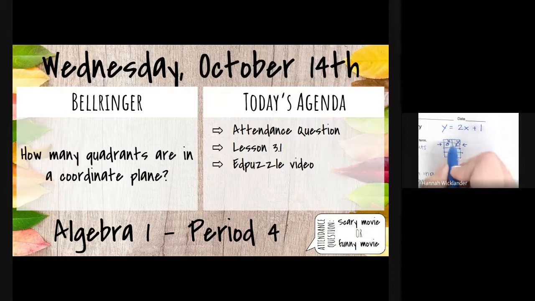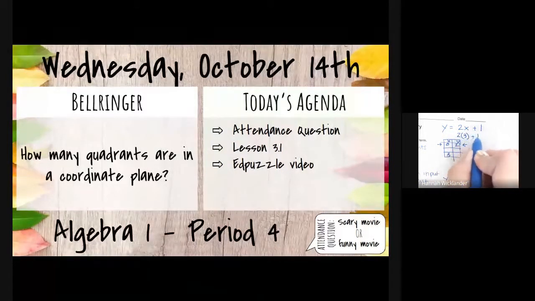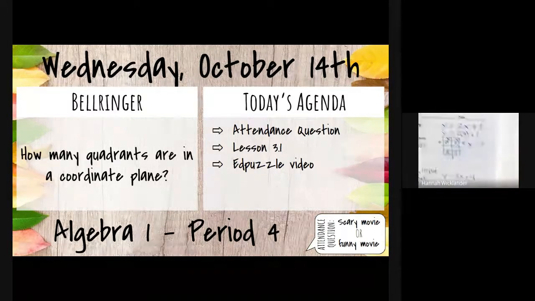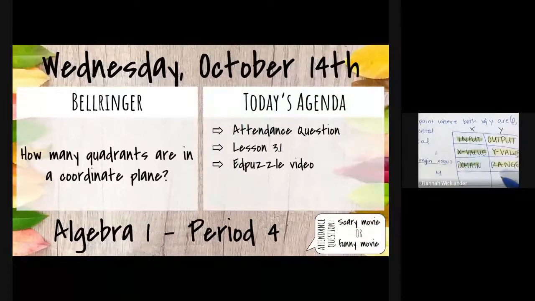If it gives you 3 for an x value, then wherever you see x in the equation, you put in 3. So 2 times 3 plus 1. 2 times 3 is 6, 6 plus 1 is 7. So y equals 7, and on my input-output table, I'd put 7. You might hear me call it x value or y value on the input-output table.